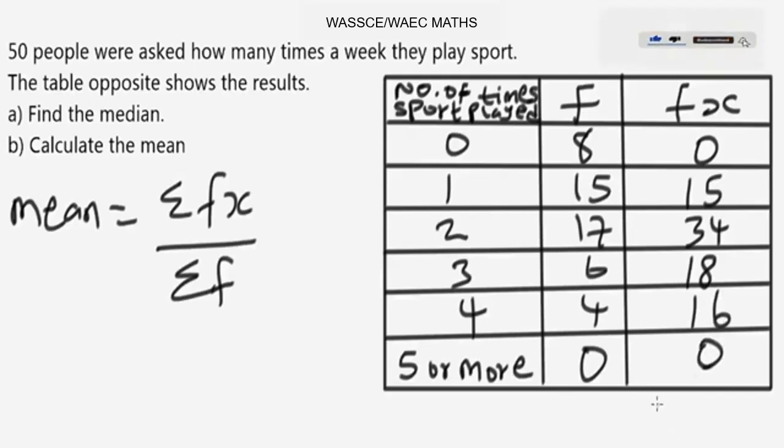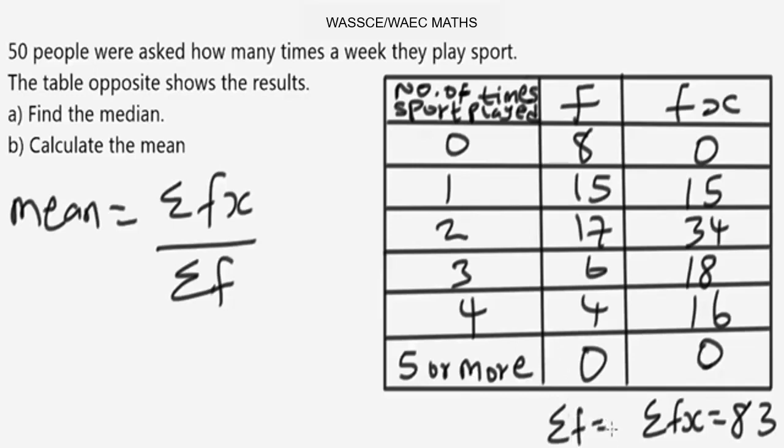So our sigma fx will be, let me punch it on the calculator, I have it to be 83. Our sigma f will be, let me punch this on the calculator, so I have this one to be 50.